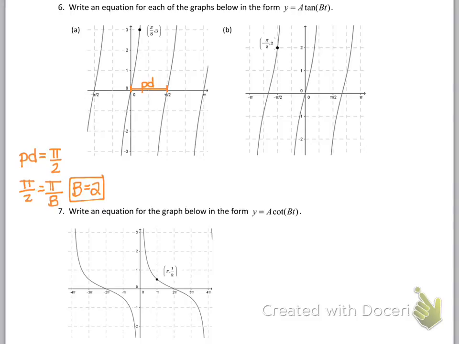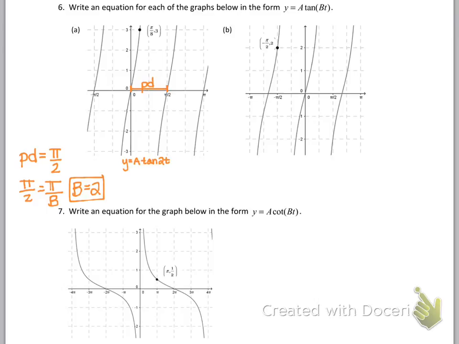Now we have to solve for our amplitude. You can probably see that we have the point (pi over 8, 3), but it's not always going to be nice and given to you. So we know so far we have y equals our amplitude times tangent of 2t. We're going to use that point to solve for a.